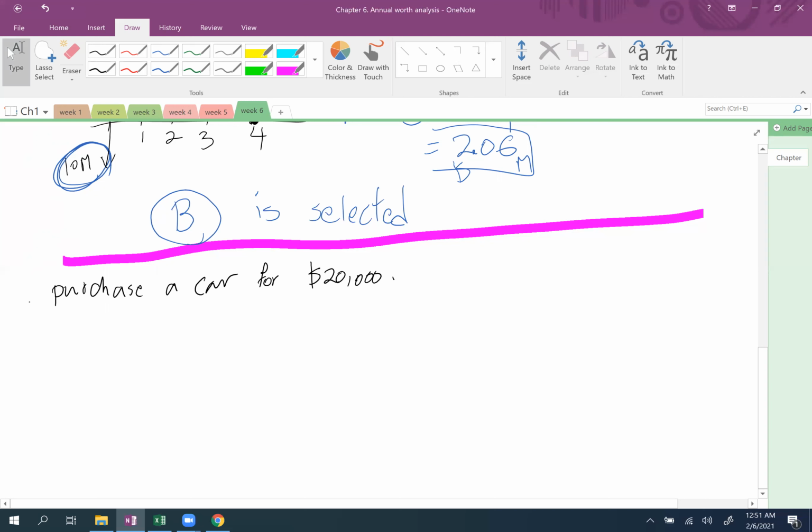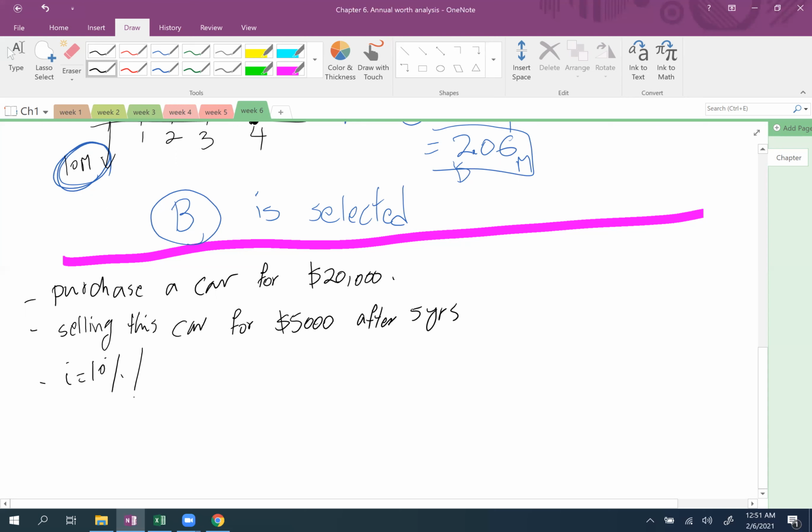And you know that you will be selling this car for $5,000 after 5 years. Assume the interest rate is equal to 10% per year. So you are going to make money by working for Uber using this car.